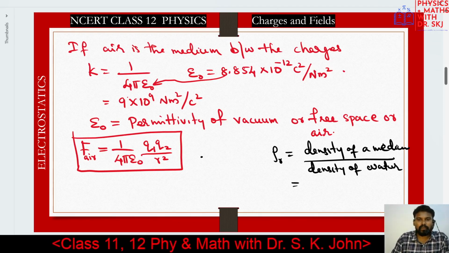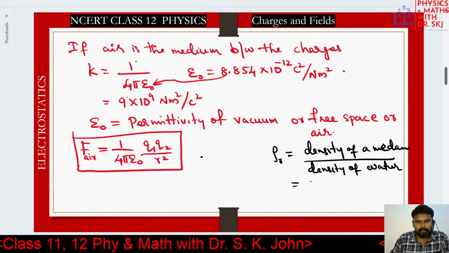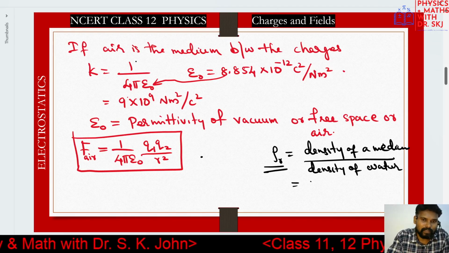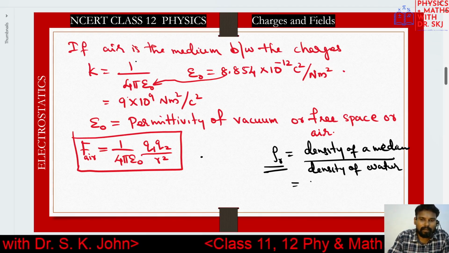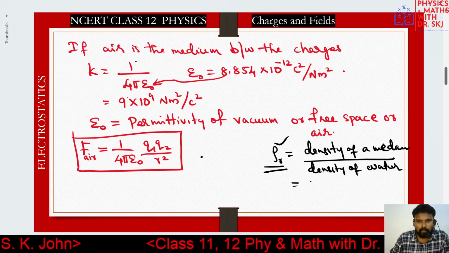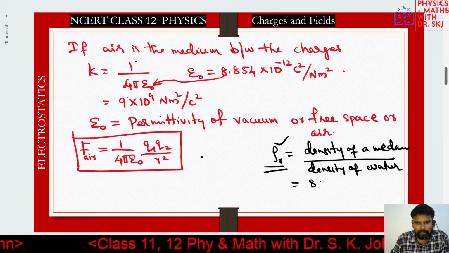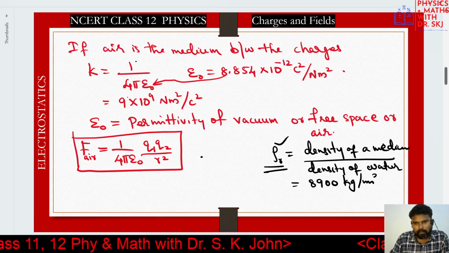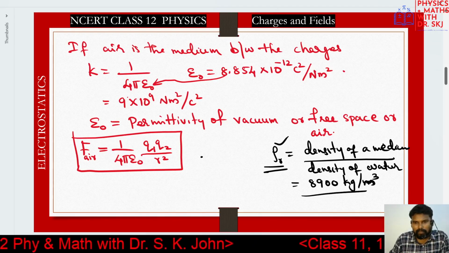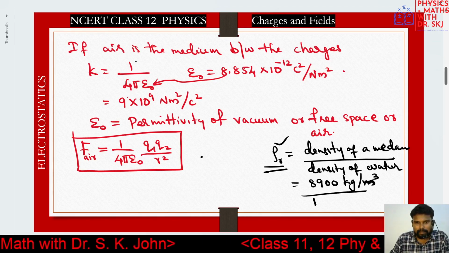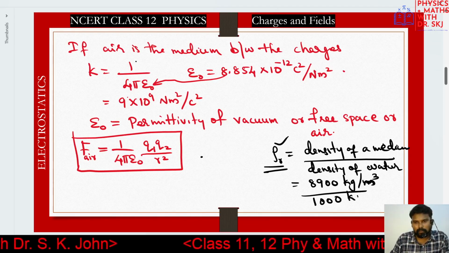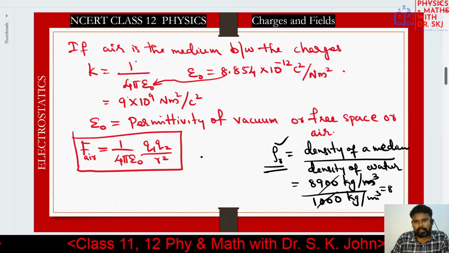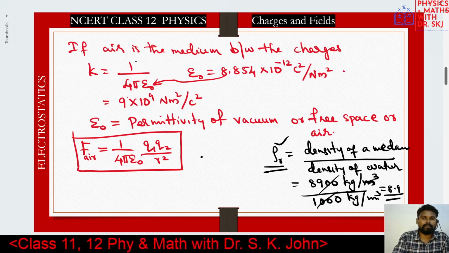Relative density is also called specific gravity. To find the relative density of copper, we take the density of copper in kilogram per meter cube and divide it by the density of water, which is 1000 kilogram per meter cube. Then you will get 8.9. That is called the relative density of copper.